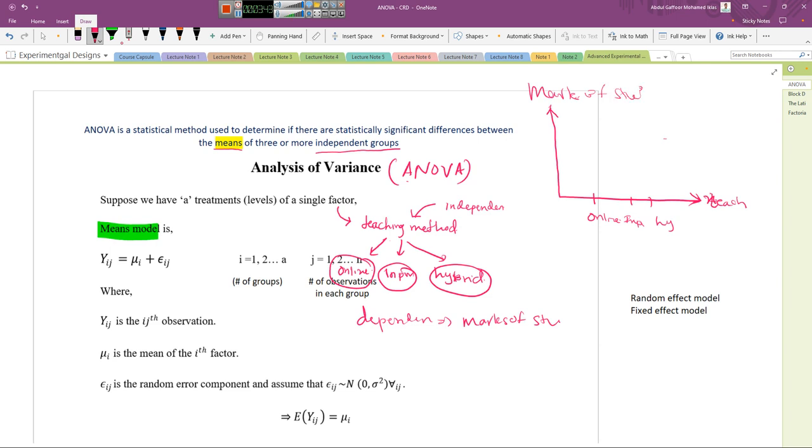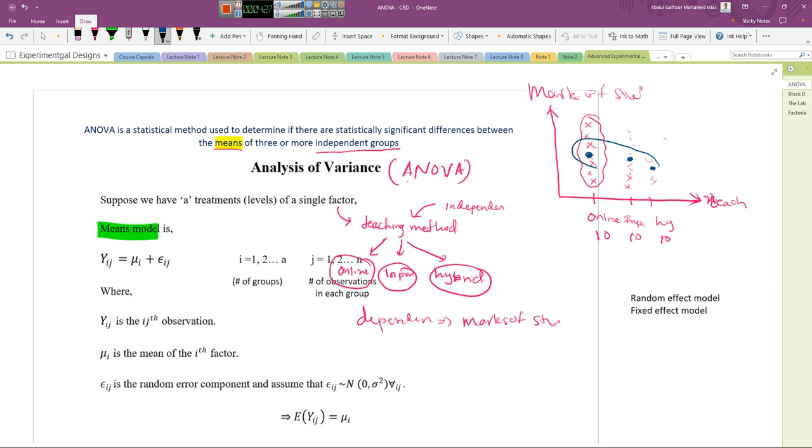Now if I consider 10 people for online mode, 10 people for in-person mode, and 10 pupils for hybrid mode, after conducting an exam I can label their marks. So here I have 10 data points, and here also 10 data points. I will mark the mean of these 10 students using a different color, for our convenience.